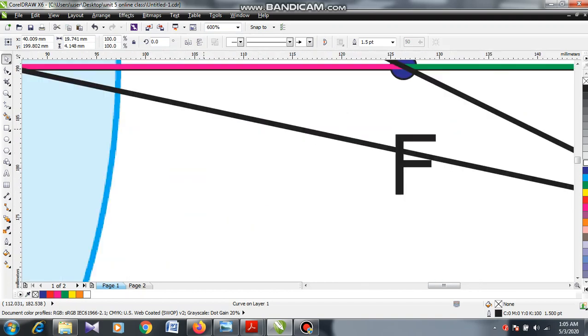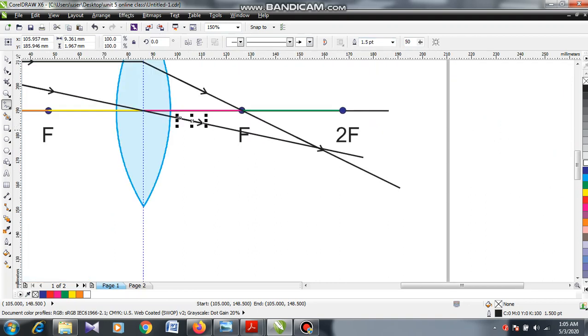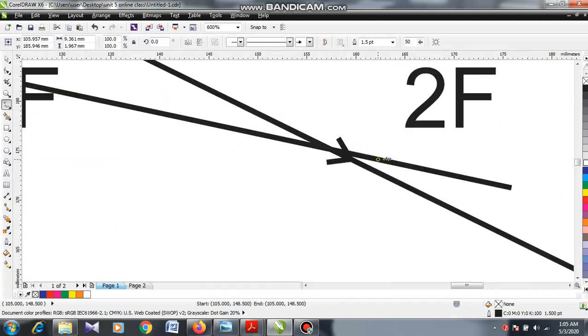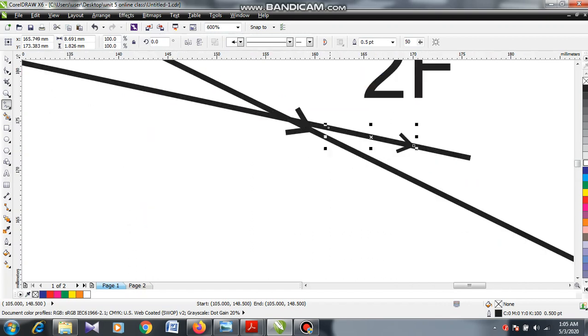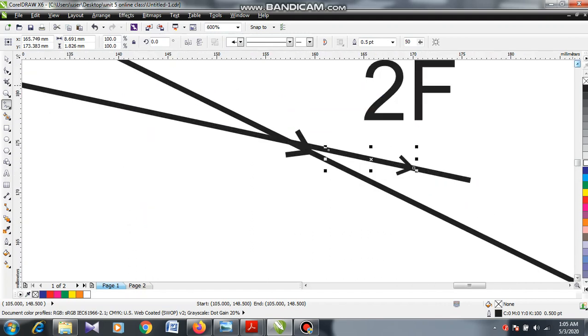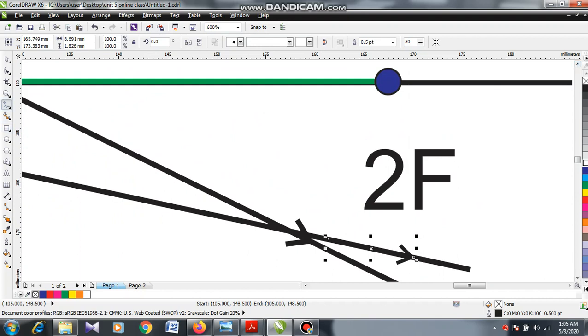That light ray is traveling along this, and it travels in this manner. So the two light rays are meeting here. That is the place where the head of the image is located.